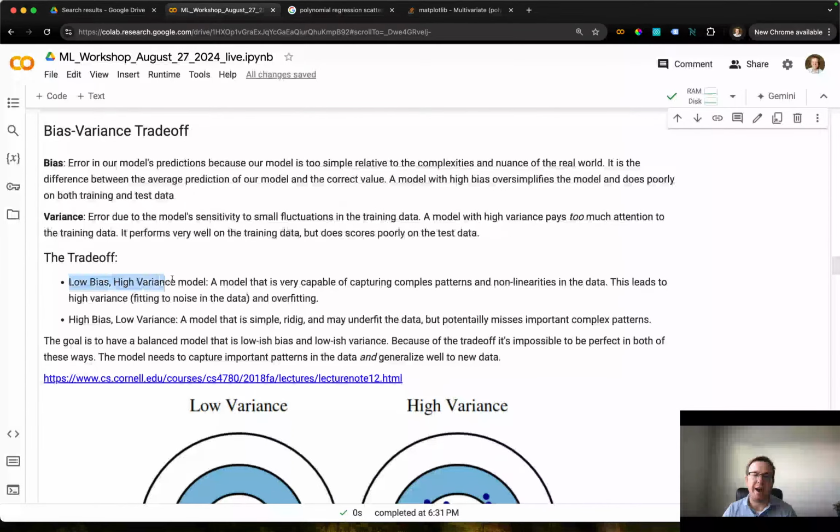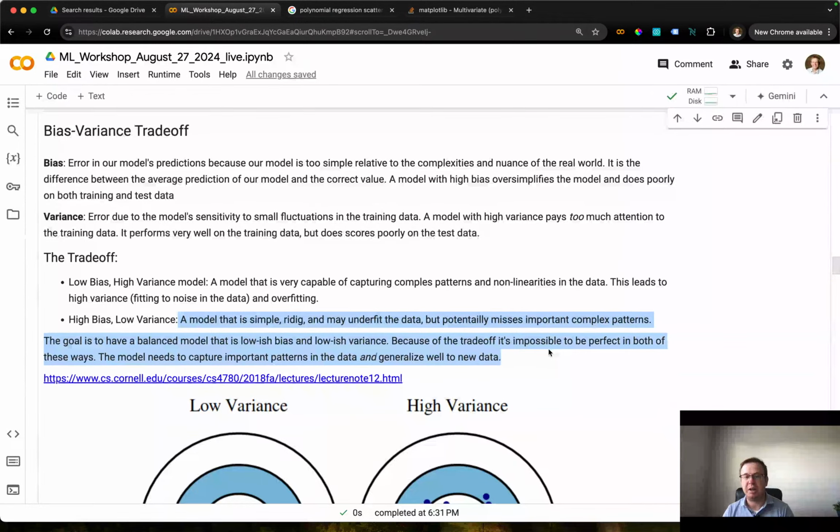So a low bias, high variance model would really capture all the complex patterns and nonlinearities in the data, but it's going to fit to noise and it's going to be overfit. We don't want that. The opposite, a high bias, low variance model, is a model that is too simple, too rigid. This is like our simple linear regression model. It underfits the data. It potentially misses important complex patterns.